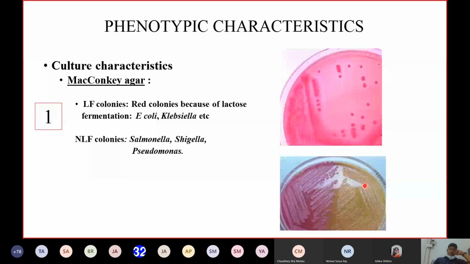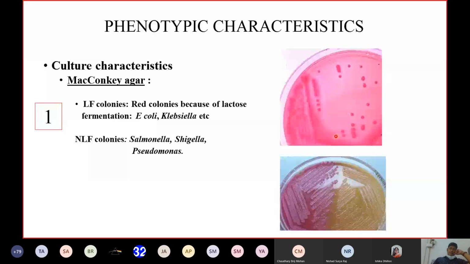So in MacConkey, if the organism is fermenting lactose, they form pink colonies. If they are unable to ferment lactose, then they will form pale colonies. I hope you read about MacConkey agar. You know the role of indicator and role of acidic nature and basic nature because of lactose fermentation and lactose non-fermentation, and that is the basis of this different type of color. That has already been taught, that's why I'm not going in depth on it.